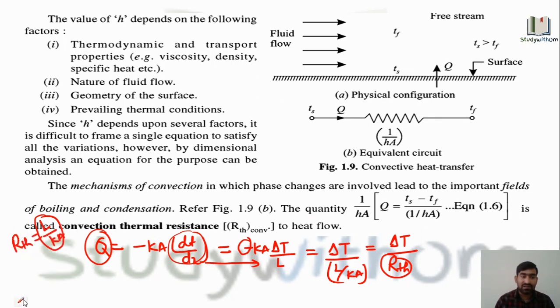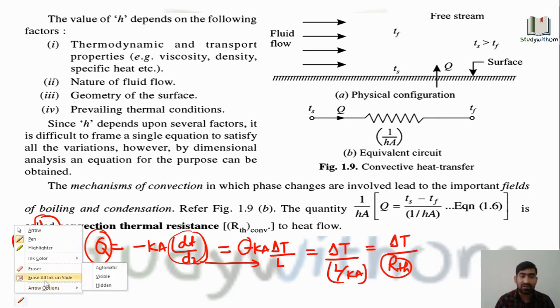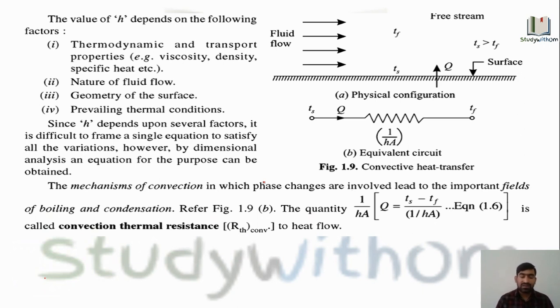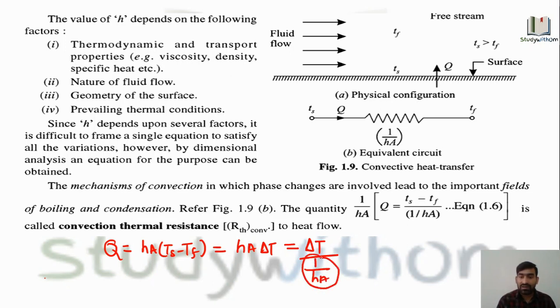So let's propose this R thermal in case of convection. In case of convection, we have already seen that Q is equal to H A times Ts minus Tf, or this is also called HA delta T. It can also be written as delta T upon 1 upon HA.